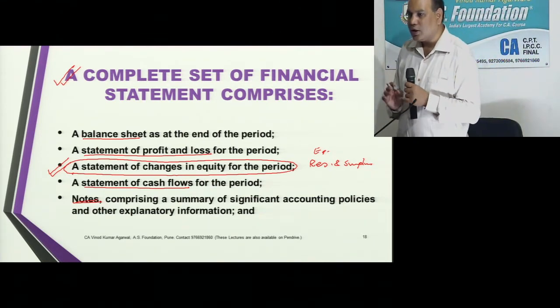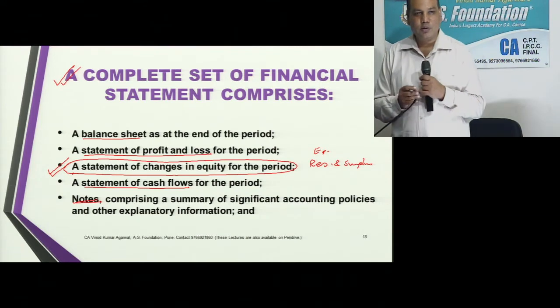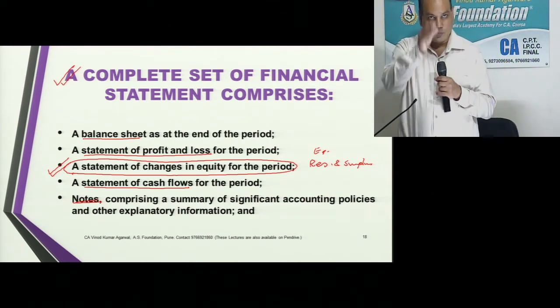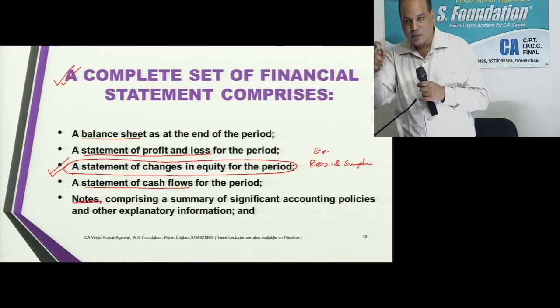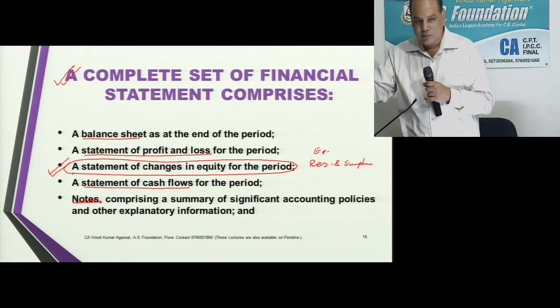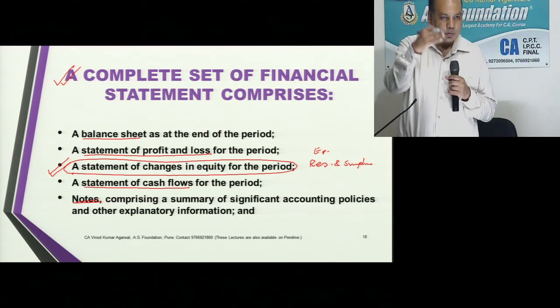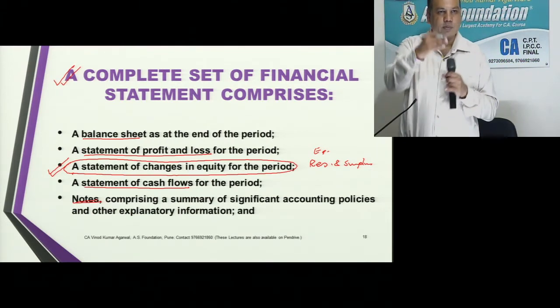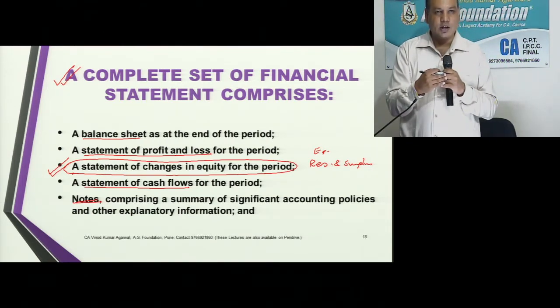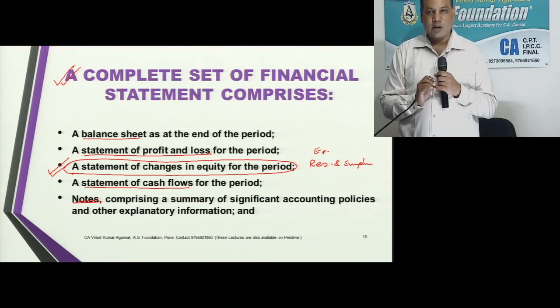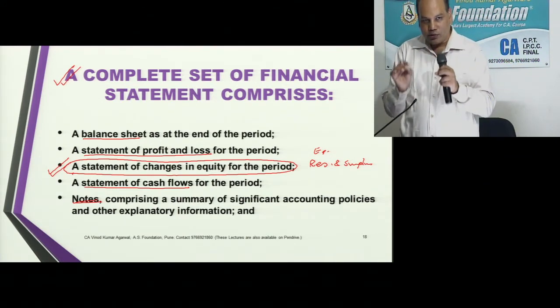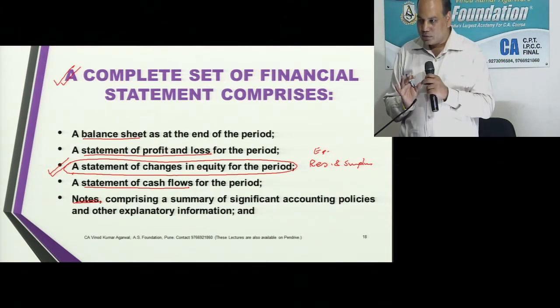There is nothing great about it. The same thing you have to write now at one place in a format. You have to write the column headings: general reserve, P&L account, securities premium, capital reserve, etc. As many reserves, as many columns. And then the opening balance and whatever pluses and minuses have taken place in that account during the year, you have to present, so that one can see the movement in each reserve properly in that standardized format.